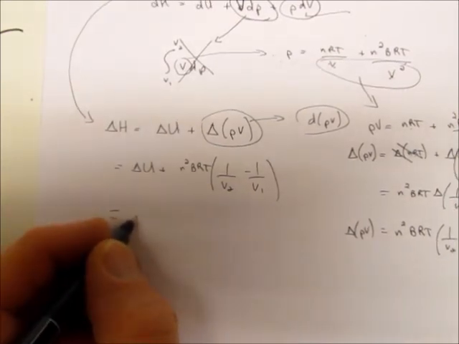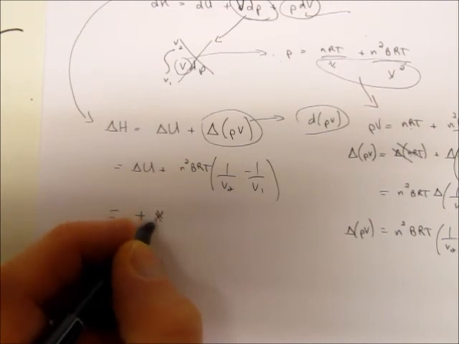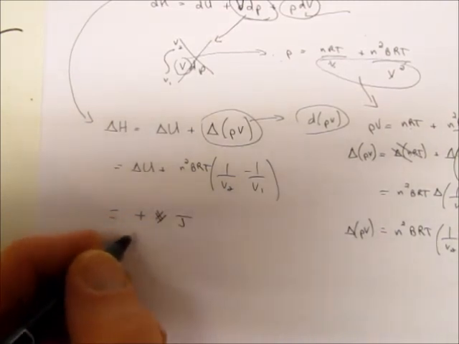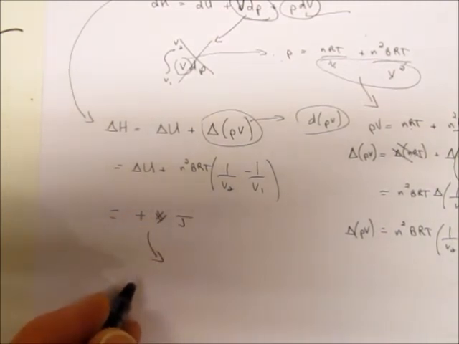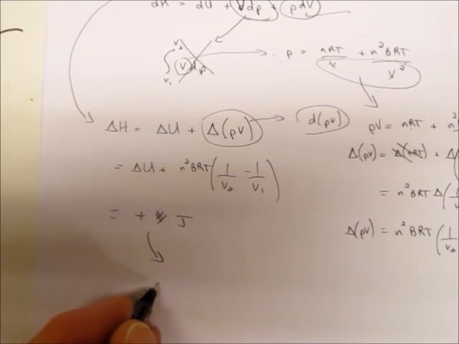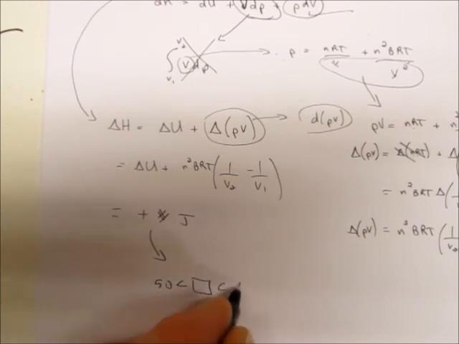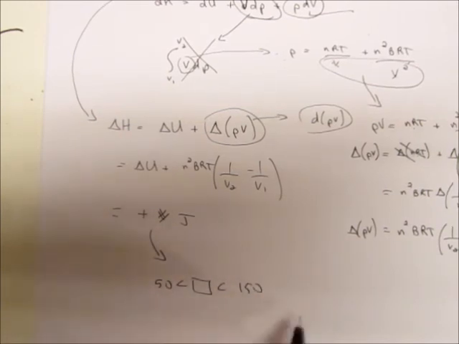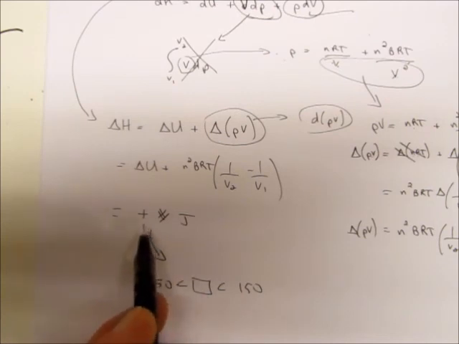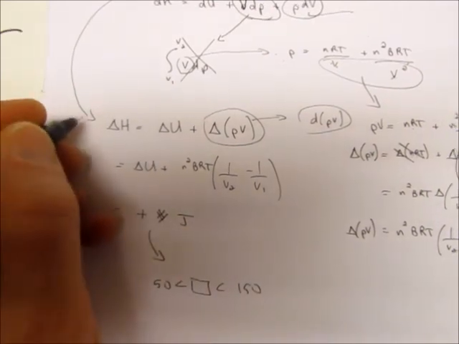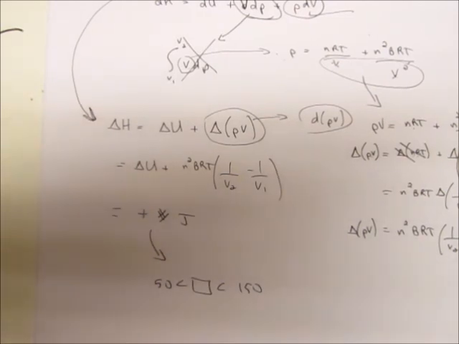You're going to get a positive number here in joules, and that number is going to be somewhere between 50 and 150. So if your number doesn't fit in this range, you know it's probably incorrect or a typo or some such thing. But is that it for the question?